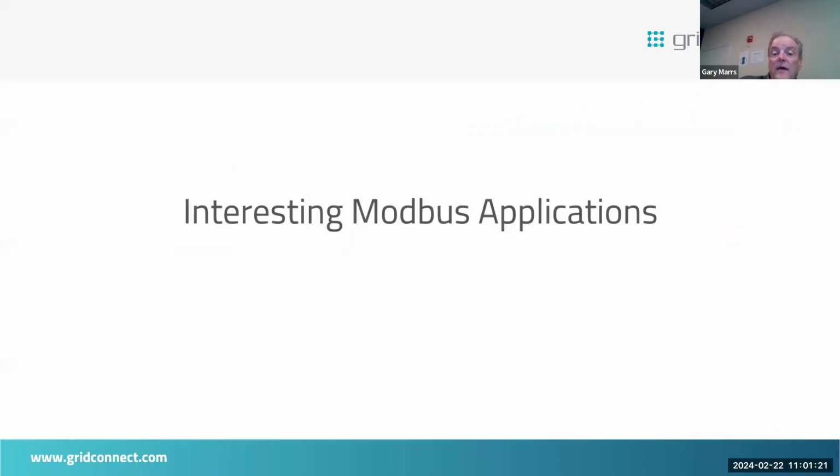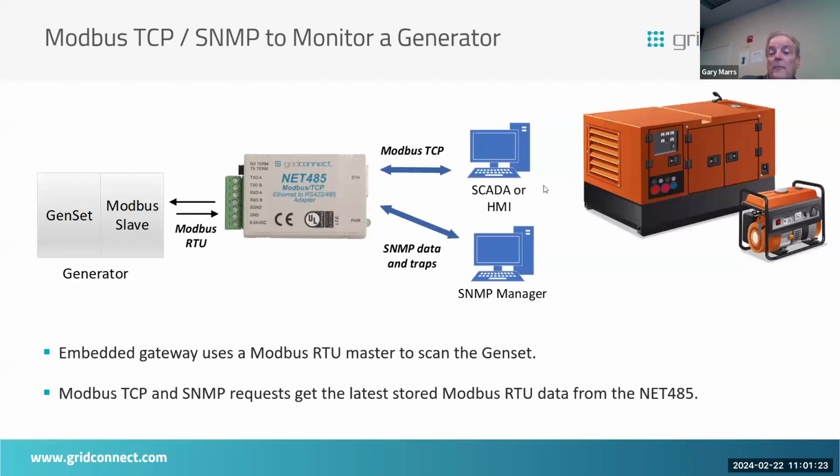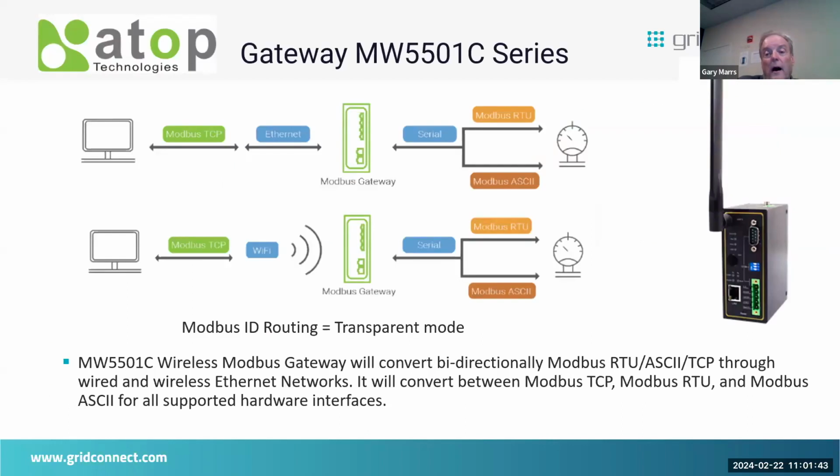And again, in this application, because the data packets of SNMP are completely different than the Modbus serial data, we had to use scanning mode here to get the data to SNMP.